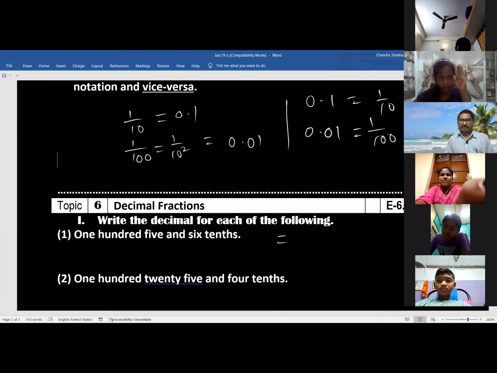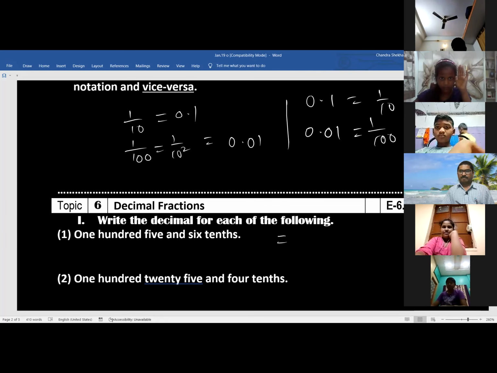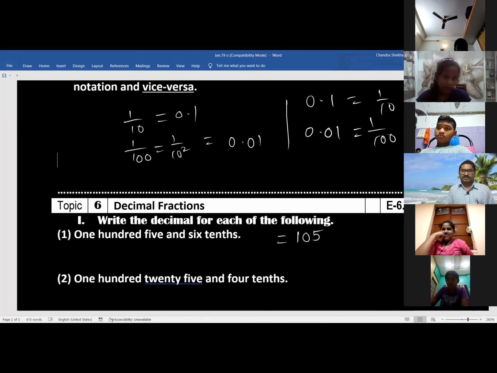How to write 105? Tanvi. 105, sir. 105 and 6/10. 6/10 means 0.6. Right, this one.